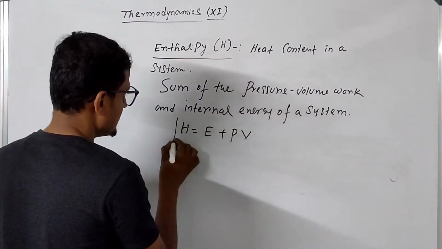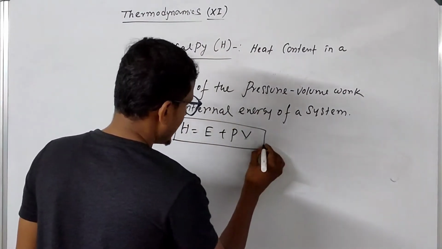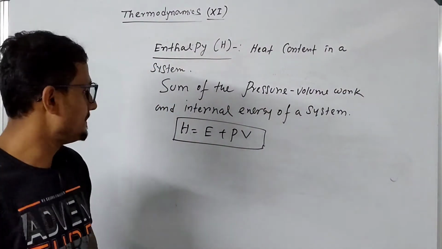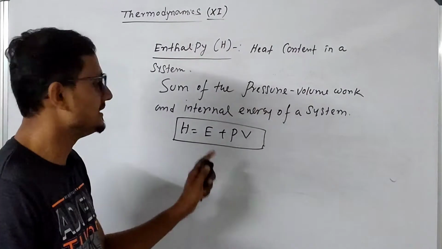So this relation is important, which gives us the idea of enthalpy. H equal E plus PV, where PV is the pressure volume work, E is the internal energy.